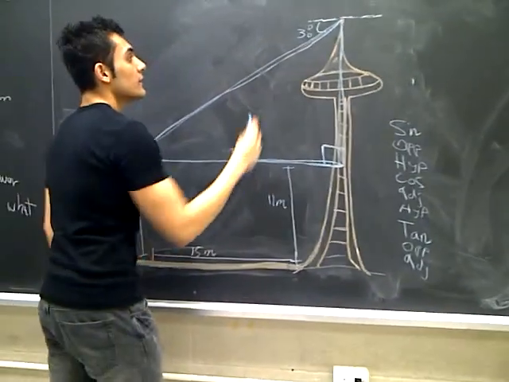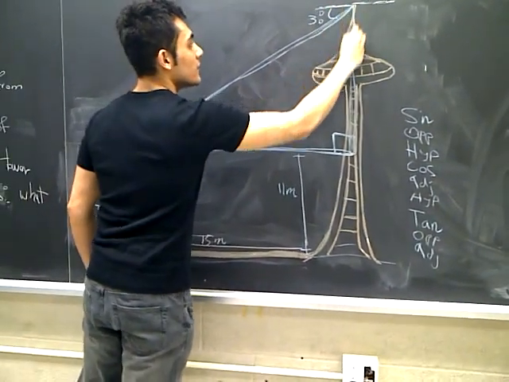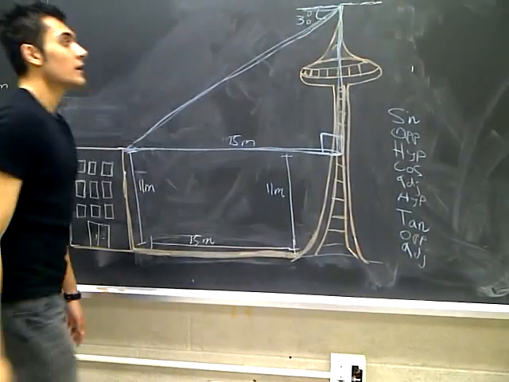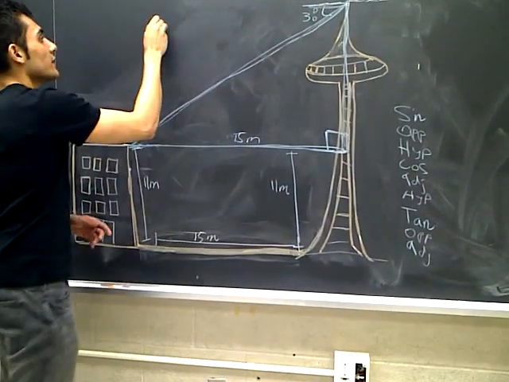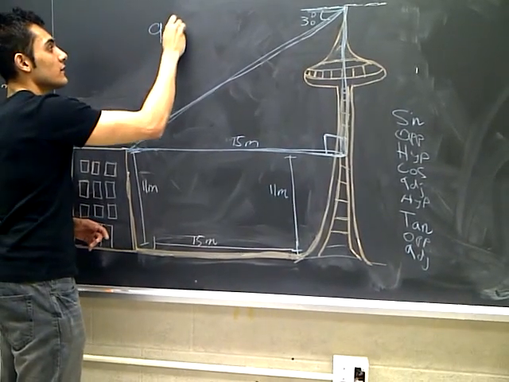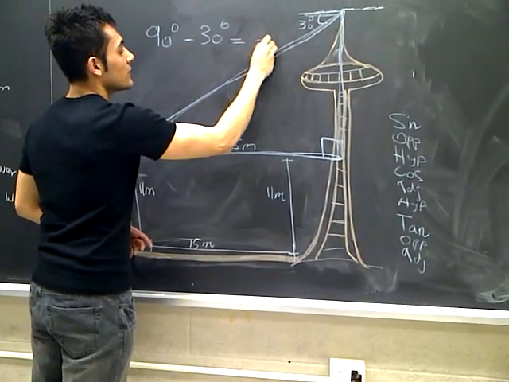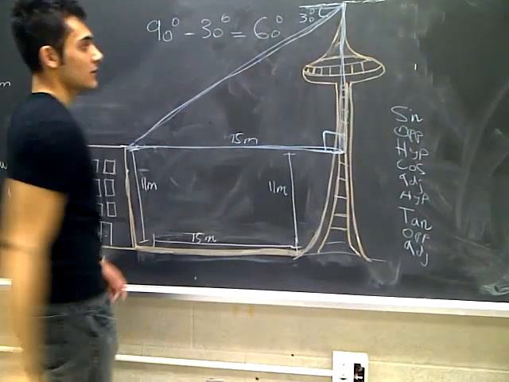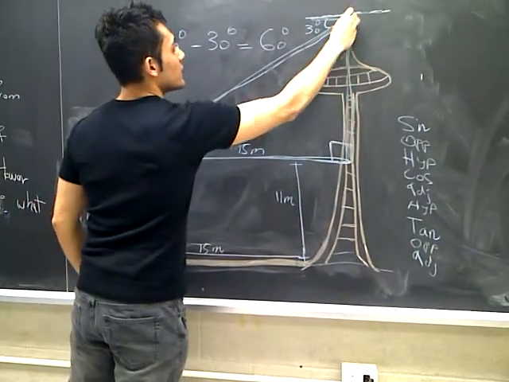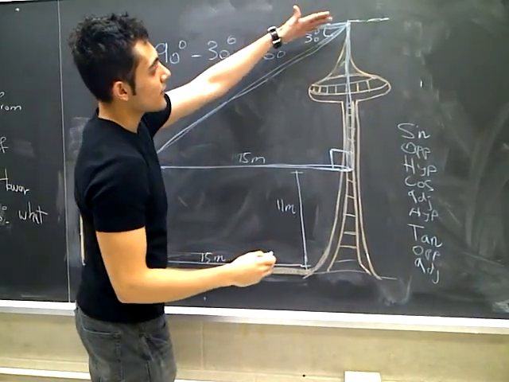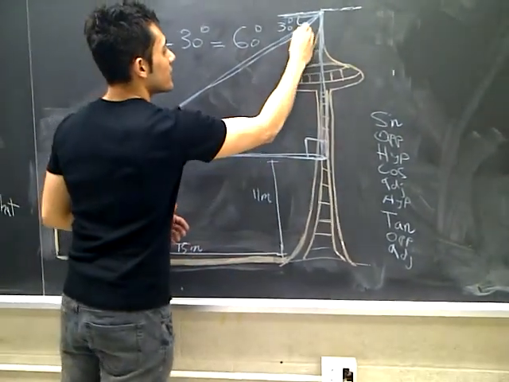So what you have to do is, if we assume this is a 90-degree angle, and we subtract 30 degrees from it, 90 degrees minus 30 degrees is approximately 60 degrees. So if the total angle is 90 degrees here, and we subtract 30 degrees from it, we're left with 60 degrees.